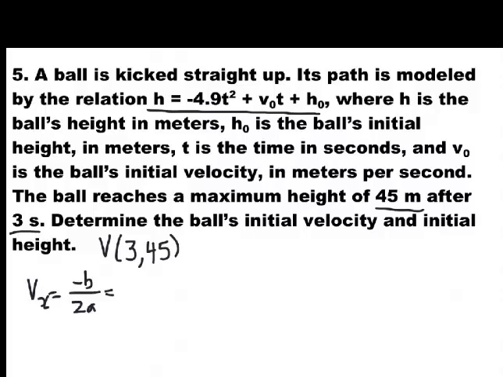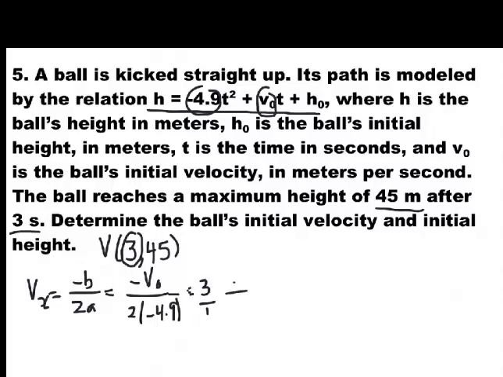If you look at the equation, b is v sub 0, so it's negative v sub 0 over 2a. A is negative 4.9, so it's 2 times negative 4.9. But based on the problem, the x coordinate of the vertex is 3, so this is equal to 3, or I can write it as 3 over 1.